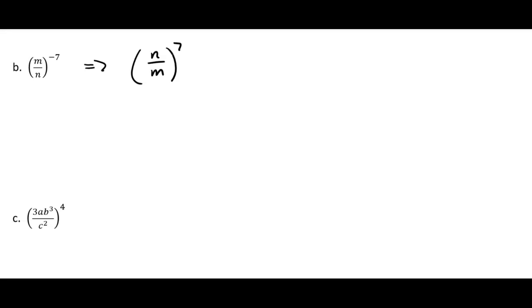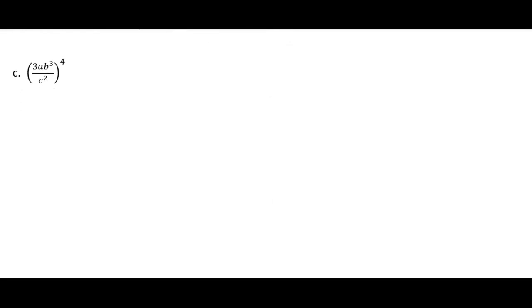That's a rule we had a couple videos ago, but I'm taking the reciprocal of the stuff in the parentheses, and that takes care of the negative on the outside. Now that's just going to simplify to n to the 7th over m to the 7th, and we're done because the bases are not the same. So that one's done.